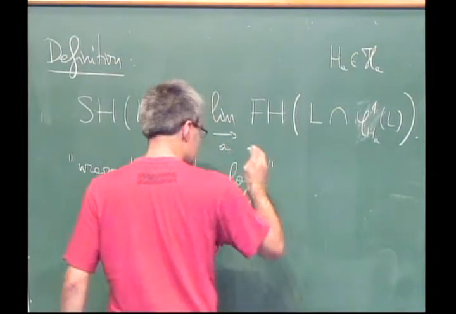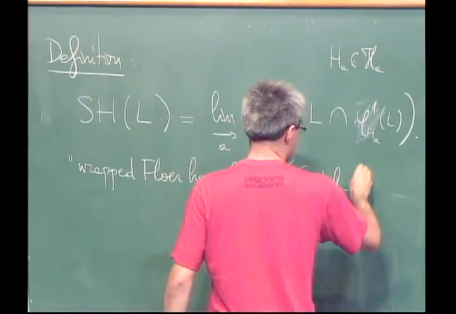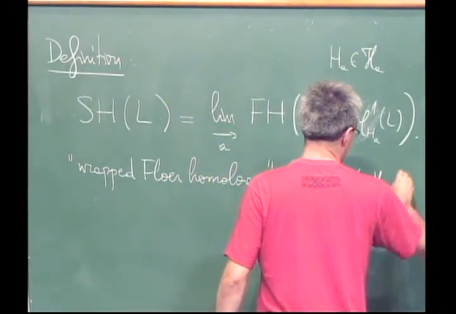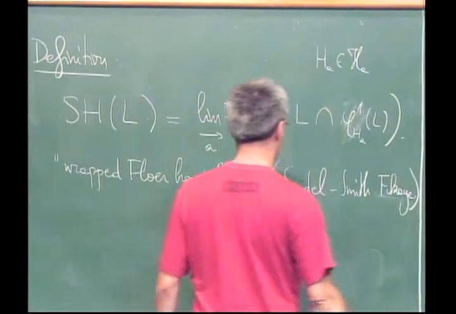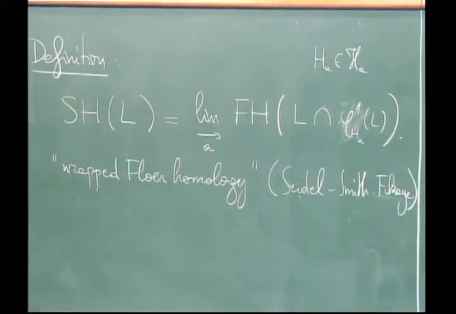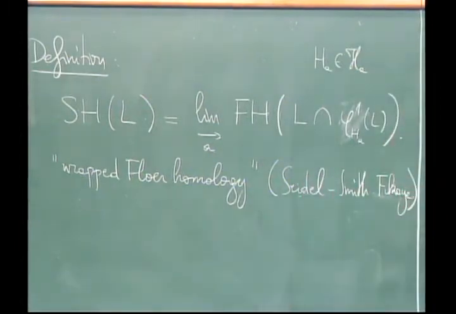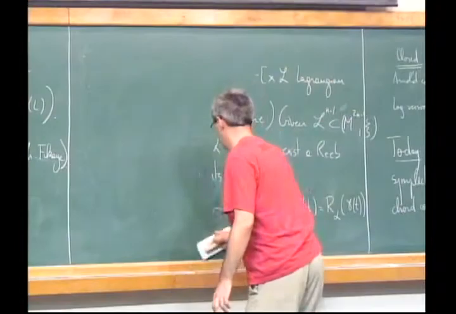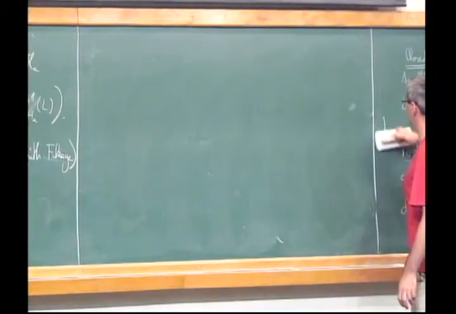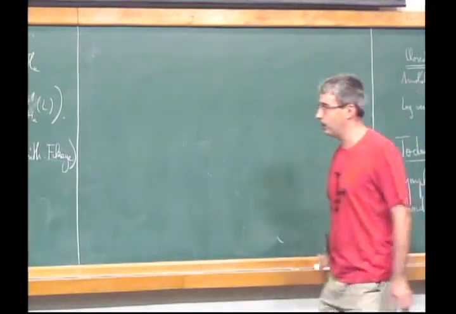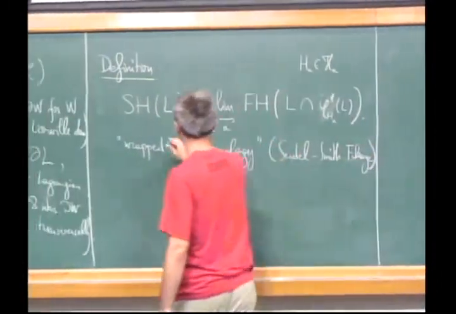That's the terminology of Seidel and Smith, and I guess Fukaya. I think the definition appears for the first time in one of their papers. But you could also call it Lagrangian symplectic homology, or whatever. The important thing is what it is.